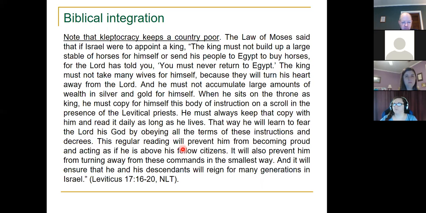This regular reading will prevent him from becoming proud and acting as if he is above his fellow citizens. It will also prevent him from turning away from these commands in the smallest way, and it will ensure that he and his descendants will reign for many generations in Israel. They didn't do that, but if they had, their history might have been happier.